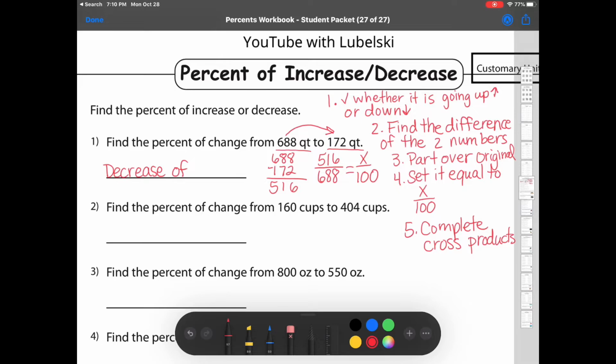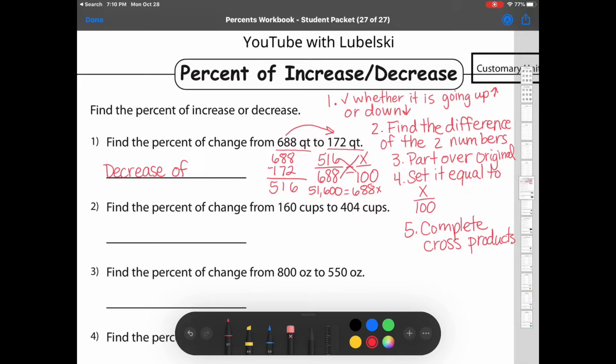And so now let's go ahead and do our cross products. So 516 times 100 is 51,600. And that'll be equal to 688 times x. Now, I am going to use a calculator because again, this isn't about whether or not you have the ability to multiply and divide large numbers.